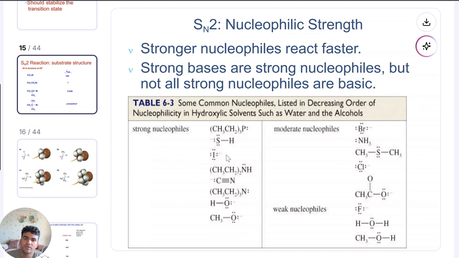These are the strong nucleophiles: phosphorus and sulfur, whose sizes are larger so nucleophilicity is higher, iodide, as well as the large electron cloud in OH minus and CH3O minus. That's why these are strong nucleophiles. On the other hand, F minus, H2O, and CH3OH are the weak nucleophiles.